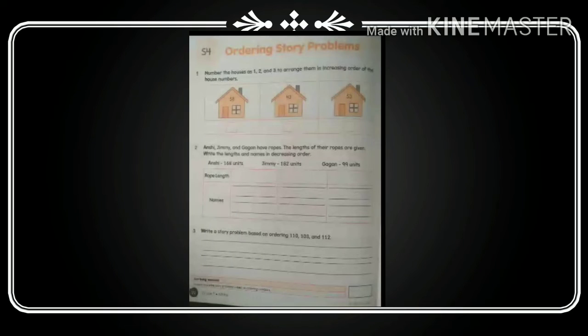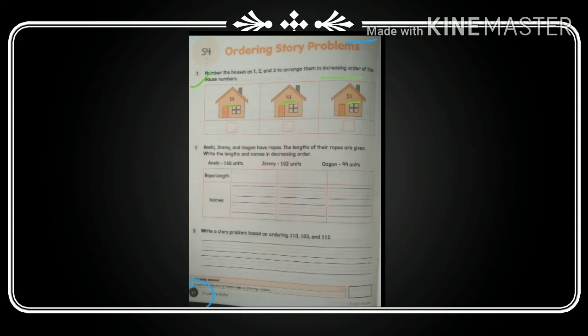Now open page number 20 in the workbook part, children. Write the date. Come to the first question. The first question is, number the houses as 1, 2 and 3 to arrange them in increasing order. Increasing order means small to big. Here house numbers are given.